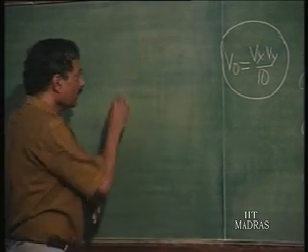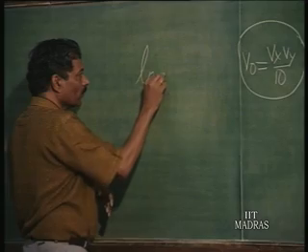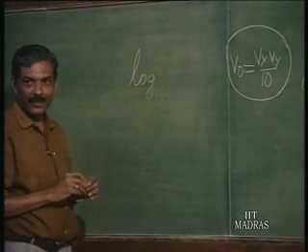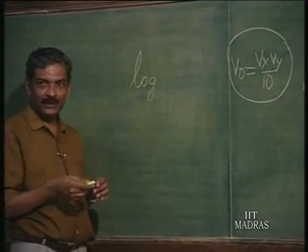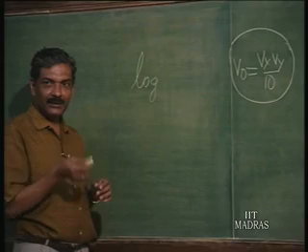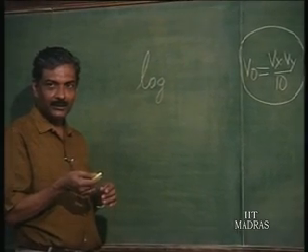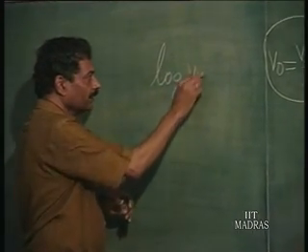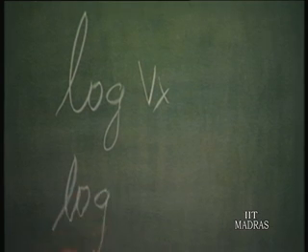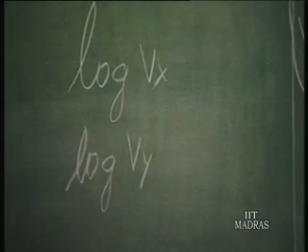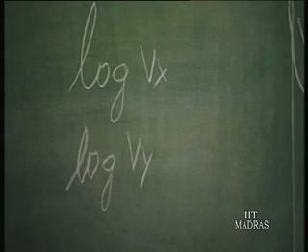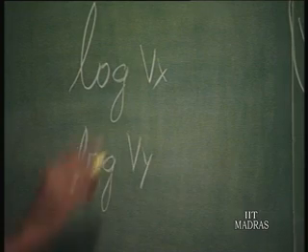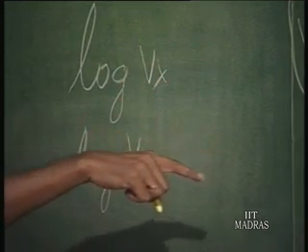So, we will first discuss the good old way of multiplication by taking log of a voltage and adding it with log of another voltage. So, I just take log of Vx and add it to log of Vy, and then obviously it is Vx Vy by another voltage 10.